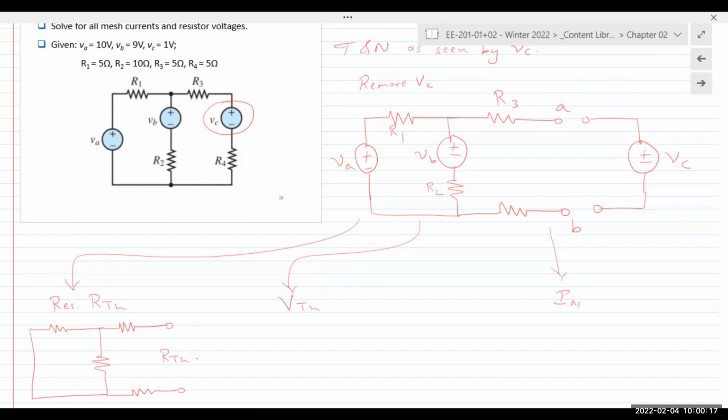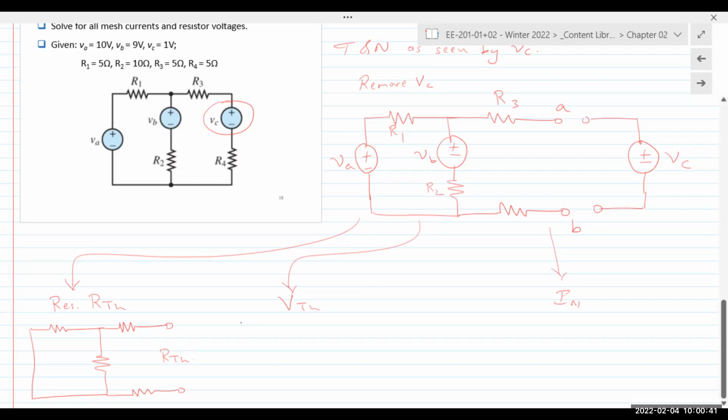First step was, if we want to find the Thevenin circuit and Norton circuit as seen by VC, then we remove VC from our analysis, redraw the circuit, and you get this. That's the first step. Once VC is out, I have my terminals of analysis A and B. Then I want to find Thevenin resistance, so I replace the voltage sources with a short.